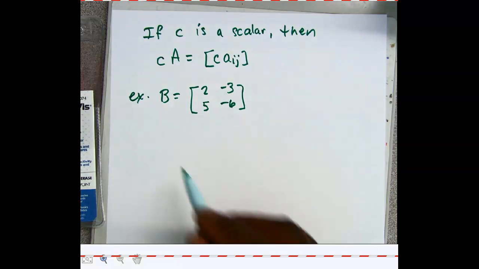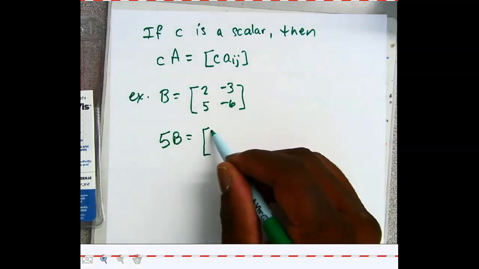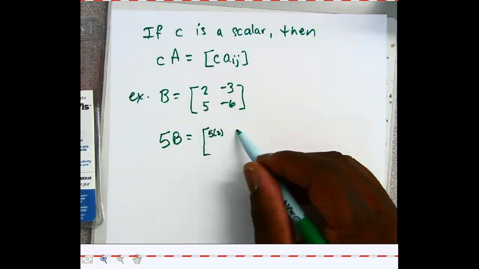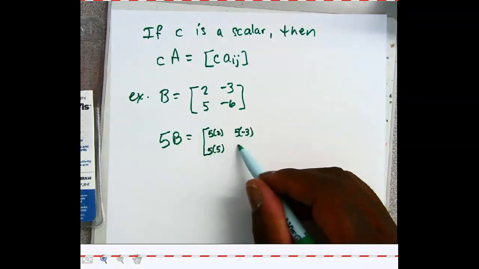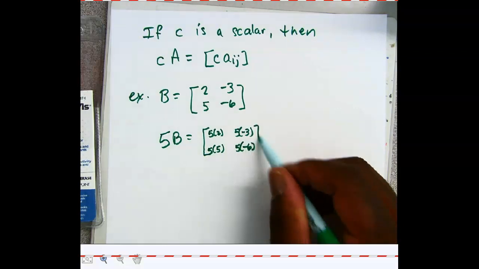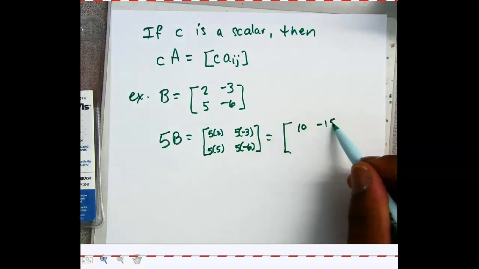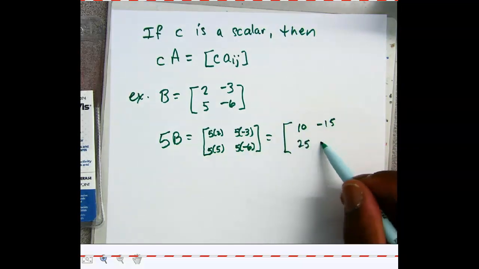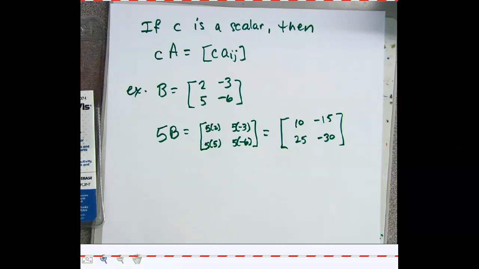Then 5 times B would be 5 times 2, 5 times negative 3, 5 times 5, and 5 times negative 6. Our answer would be 10, negative 15, 25, and negative 30. The scalar factor of 5 there. All right.